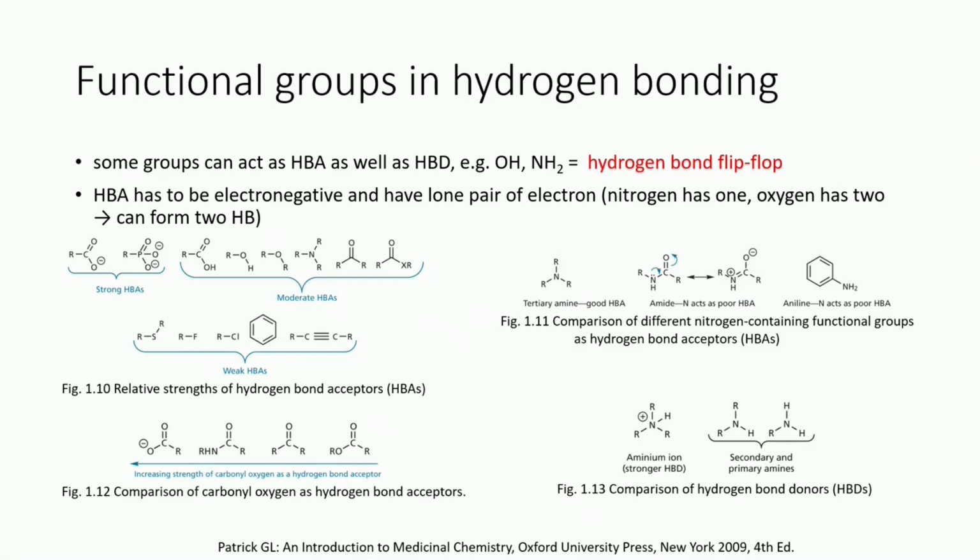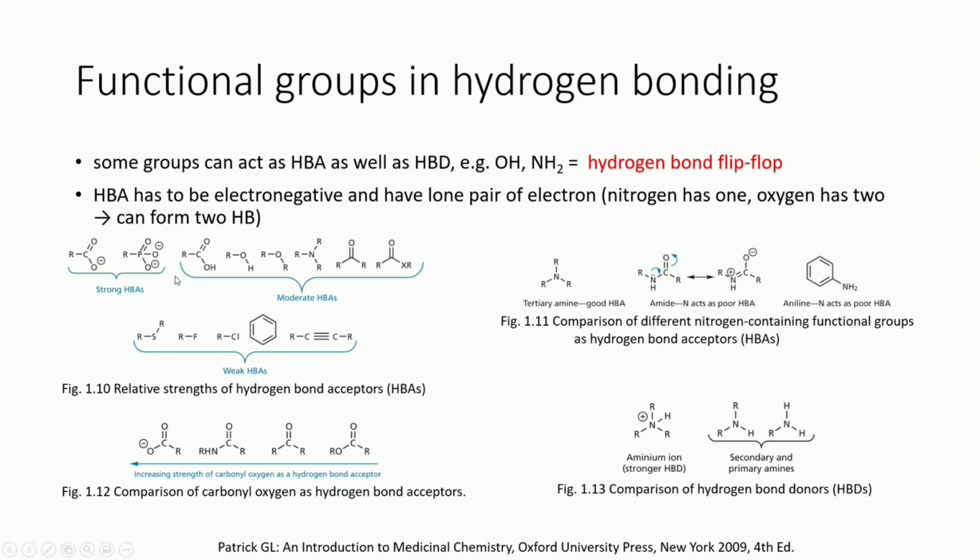As for the strength of hydrogen bond acceptors, the strongest ones are the carboxylates, I mean the ionized carboxylic acids or ionized phosphate.